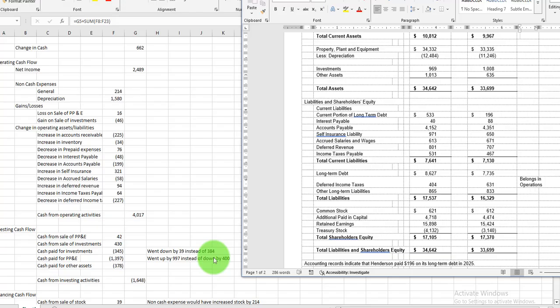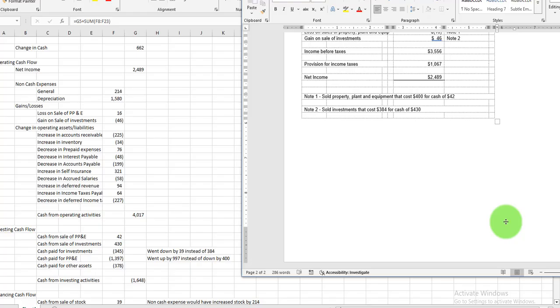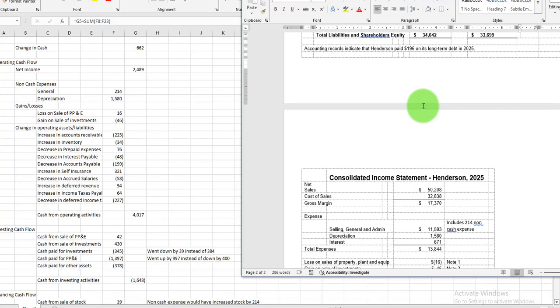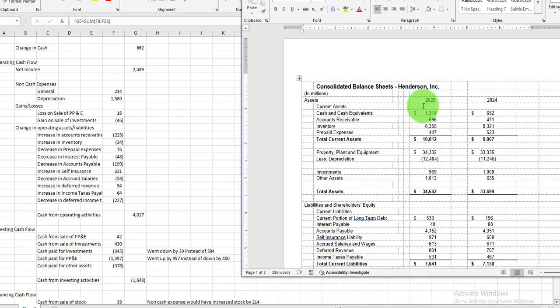Same thing applies to property, plant, and equipment. It went up by $997. What we know so far is that we sold equipment that cost $400, right down here. So we would expect it to go down $400, but it didn't. It actually went up. So we must have bought some more. It went up by $997, and we had to get enough to cover the sale too.